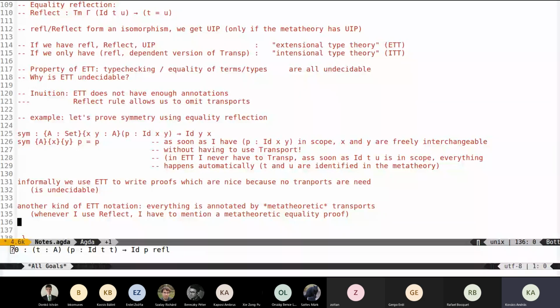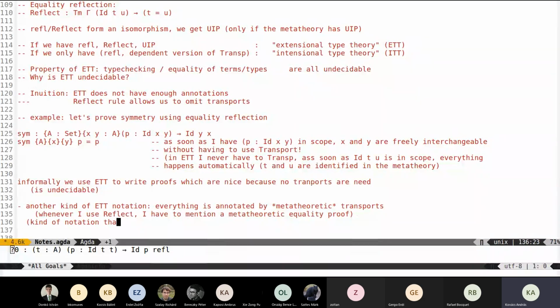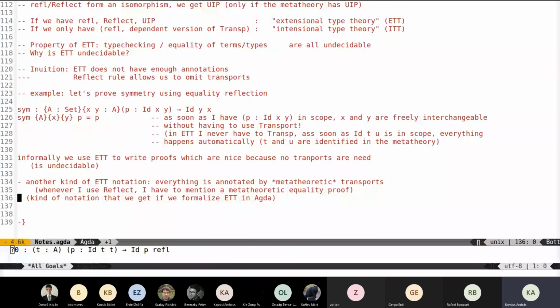And this is actually the kind of notation that we get if we formalize ETT in Agda, for example. If we look at this kind of notation, it is decidable, but it is horribly big, and it's even less convenient than working in intensional type theory.